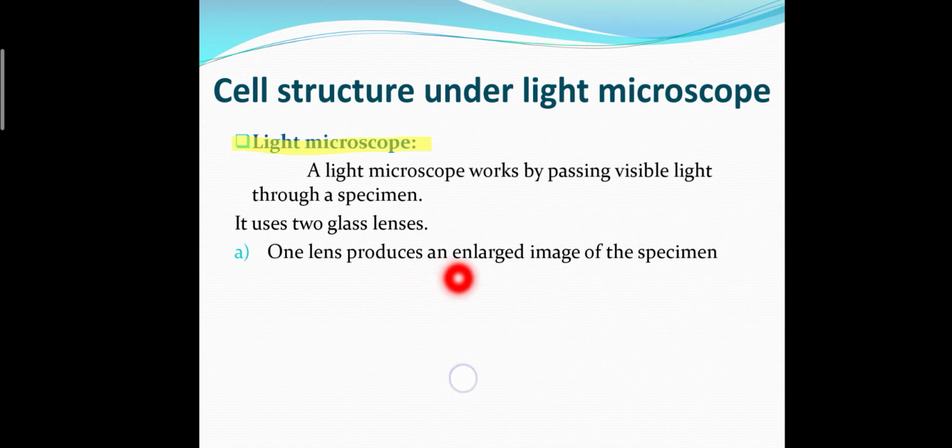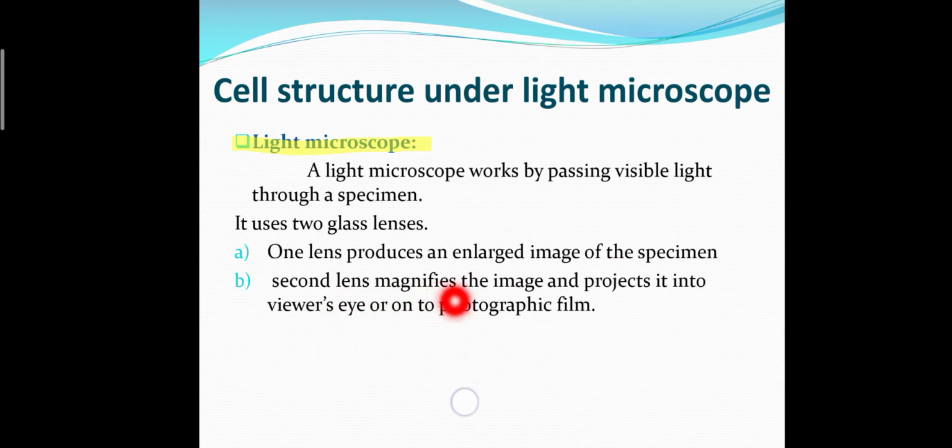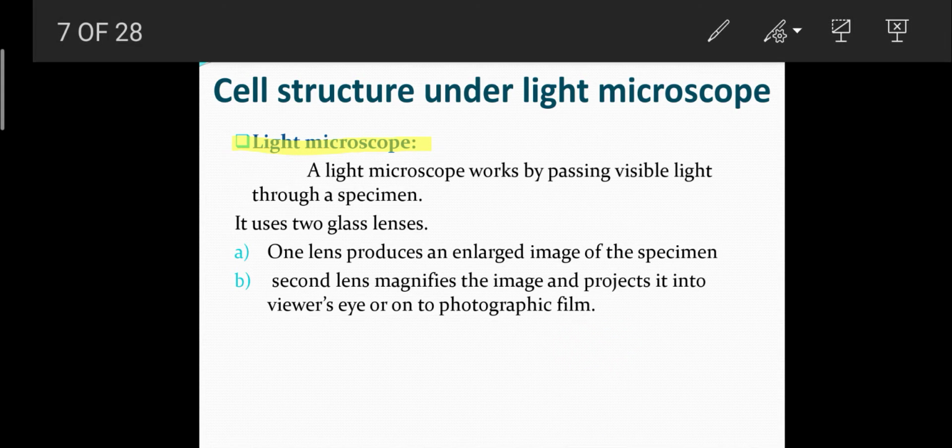One lens produces an enlarged image of the specimen and the second lens magnifies the image and projects it into the viewer's eye or onto a photographic film.